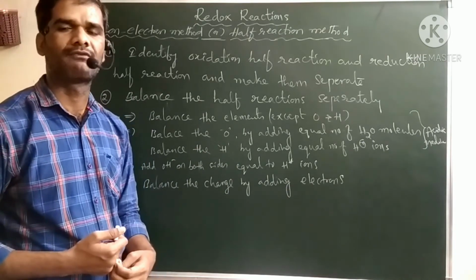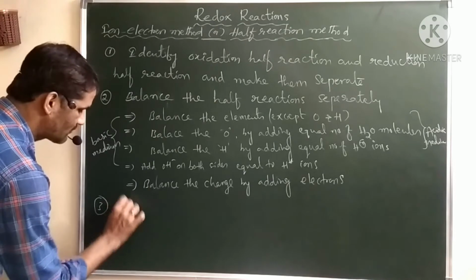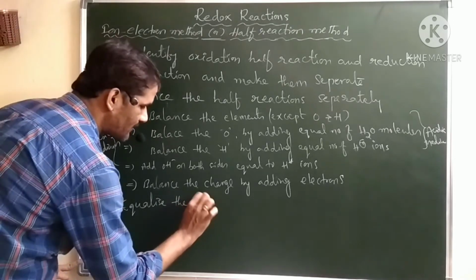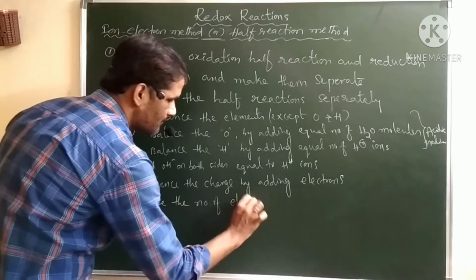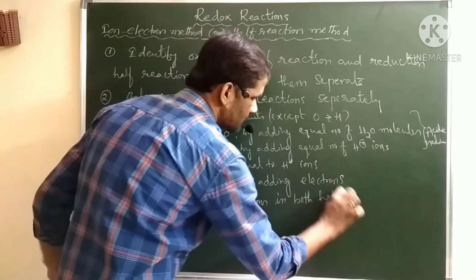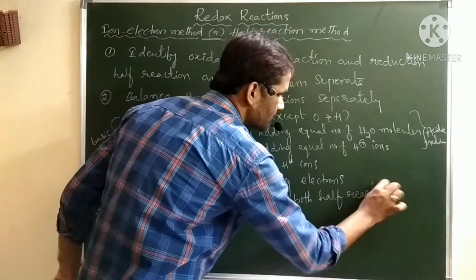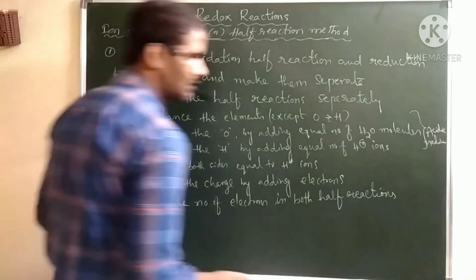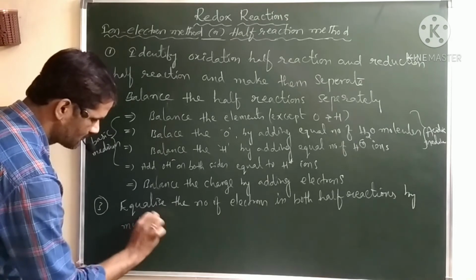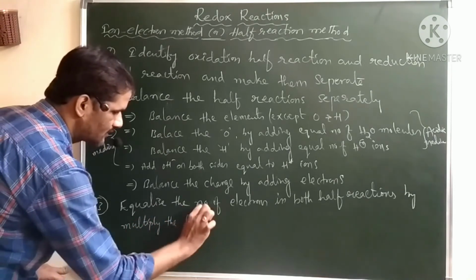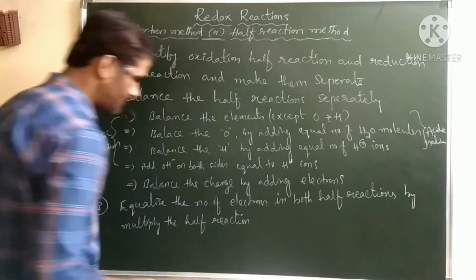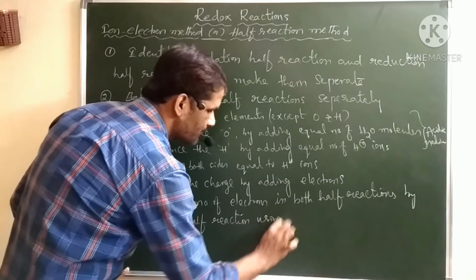In such a case, first we have to equalize the number of electrons in both the half reactions, by multiplying the entire half reaction by a suitable factor.